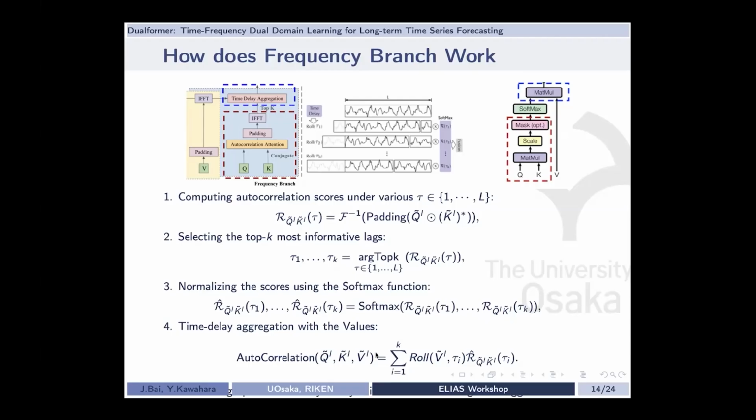And this is actually very similar to the vanilla self-attention. This is our attention score, and after that we have to do aggregation.